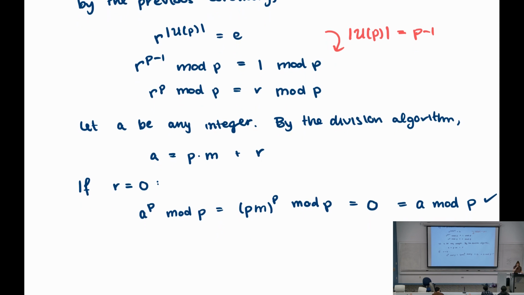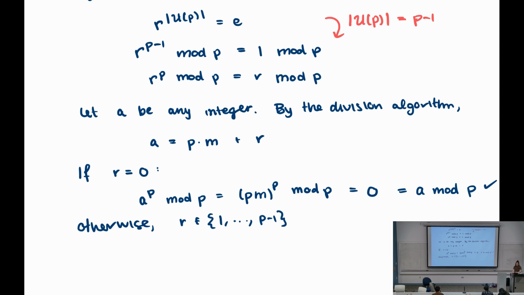And then otherwise, r is between 1 and p minus 1. So we already proved that it works for that case, so let's see what happens. We take a to the p mod p, and this is equal to (pm plus r) to the p mod p.